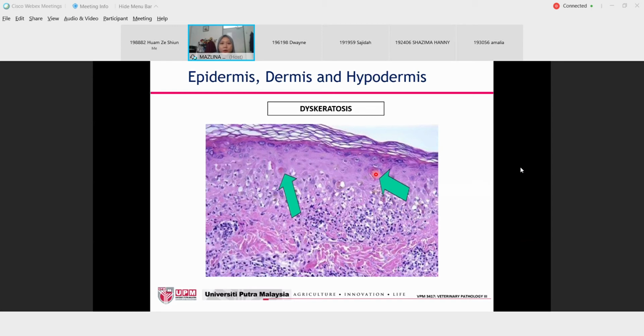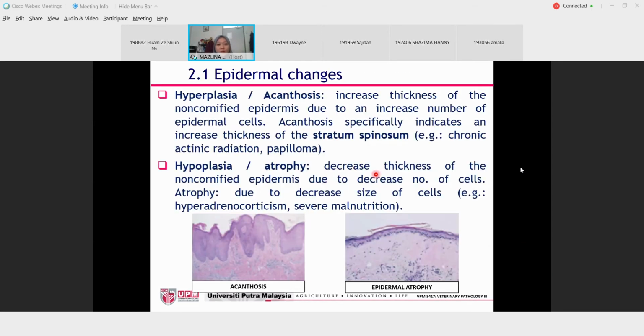Okay, all right. Next would be hyperplasia, otherwise known as acanthosis. Hyperplasia or acanthosis is increased thickness of the non-cornified epidermis due to an increase in the number of epidermal cells.